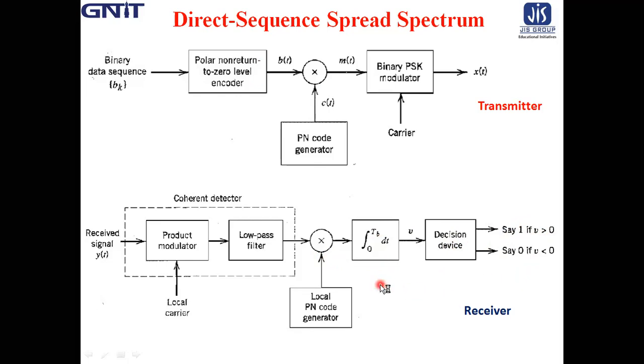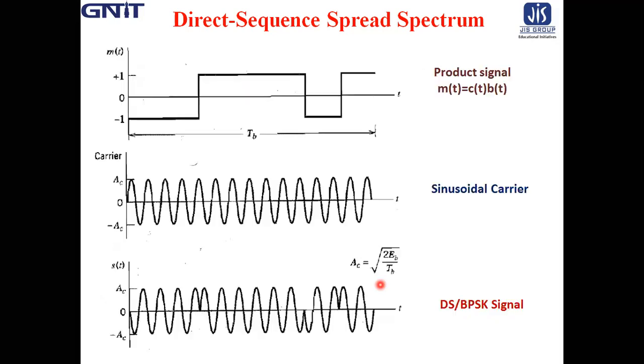So this is the receiver of DS spread spectrum with BPSK signal.